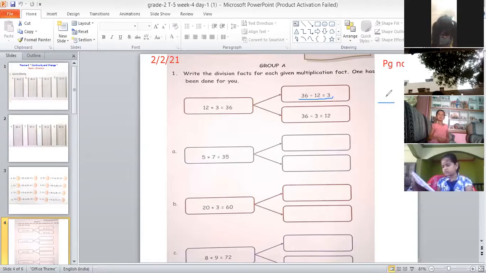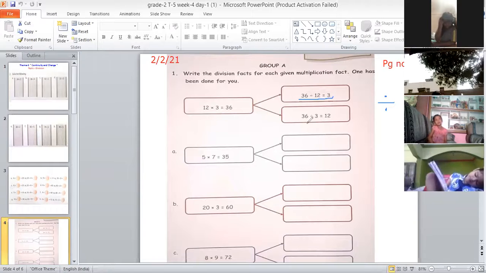Look at your screen, children. Your division symbol looks like this. So this is not the multiplication symbol. This is the division symbol. So 36 divided by 12 equals 3.